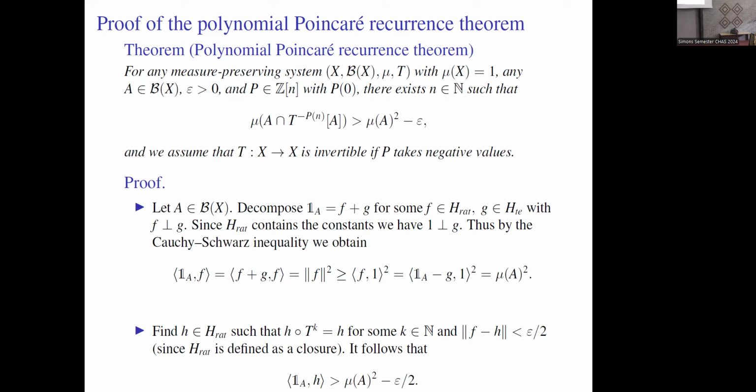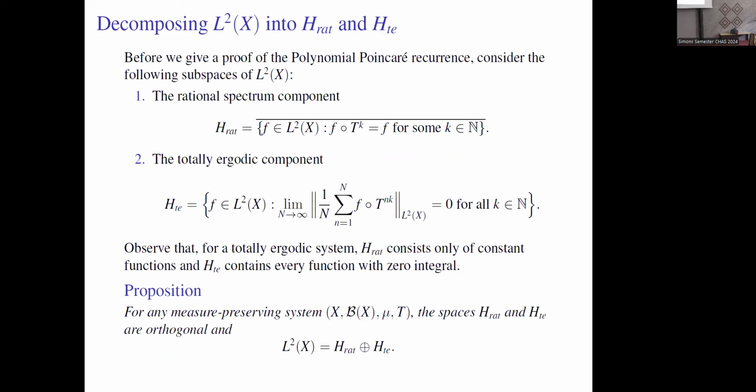Now F is taken from the rational component, which is the closure of this.